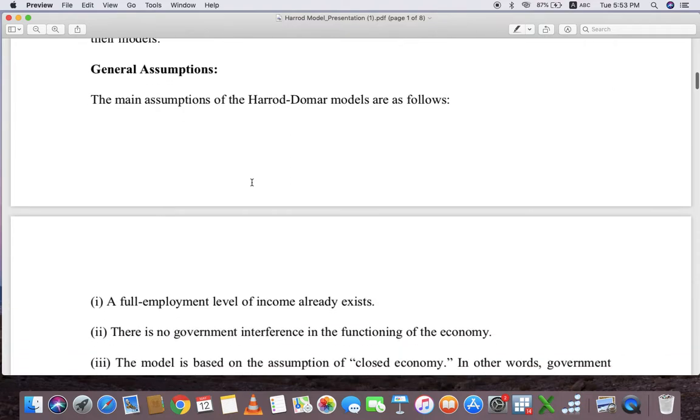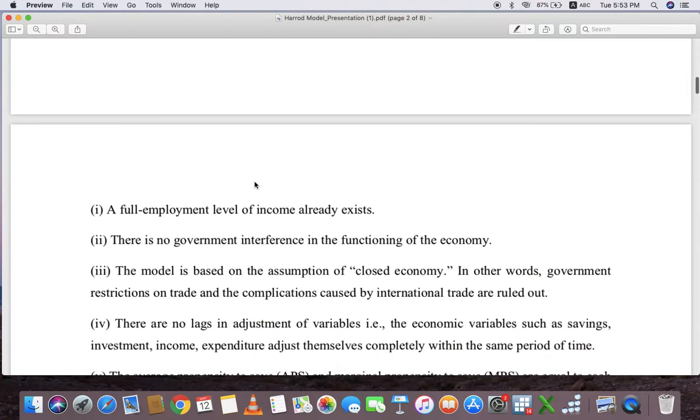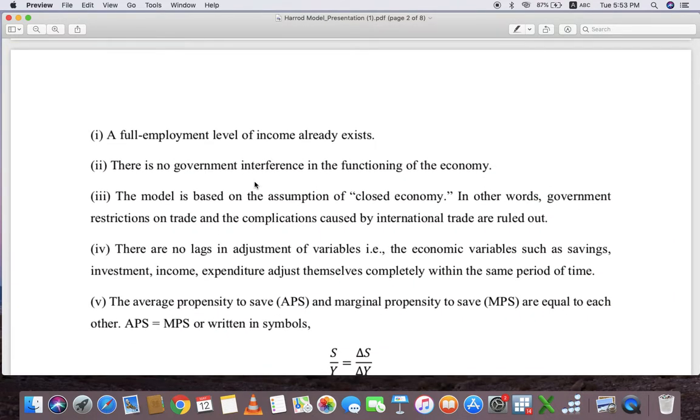The general assumptions of this model are, first of all, a full employment level of income exists in the country, that is, all the factors are fully employed. There is no government interference in the market, that is, it is a free market economy.